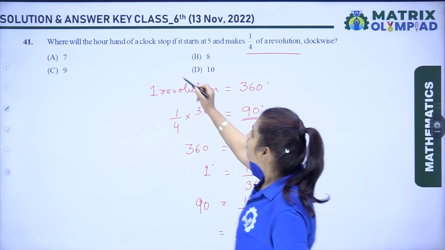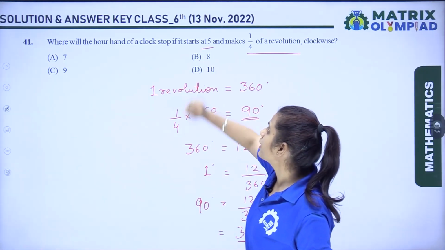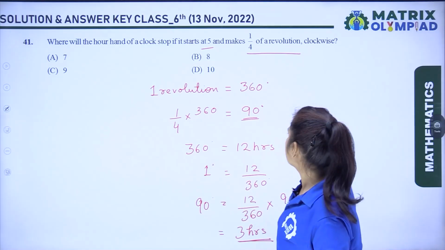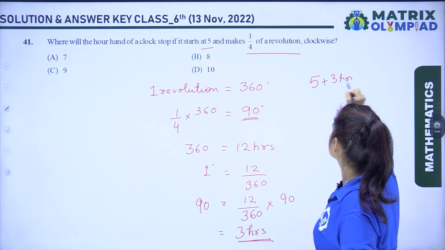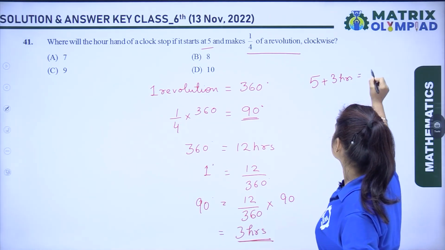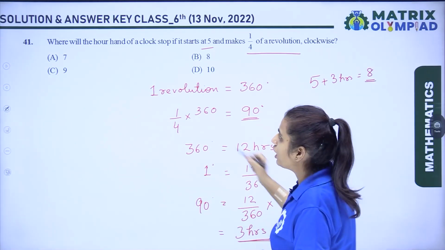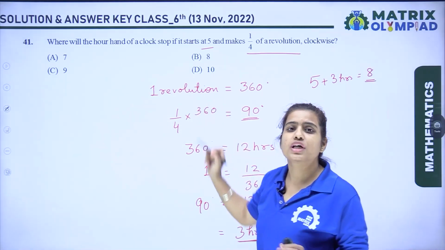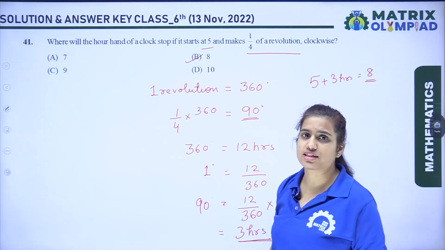So if the hour hand of a clock starts at 5, then we have to add 3 more hours to 5 and we get number 8. So the hour hand of a clock stops at 8. So option B is the correct answer.